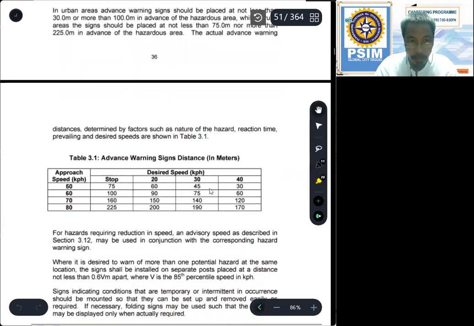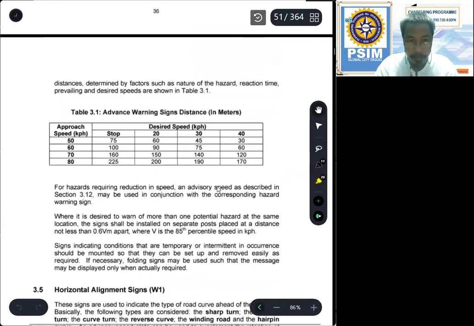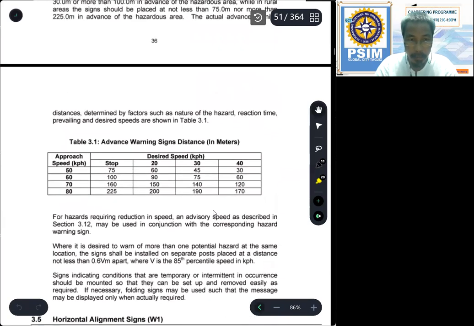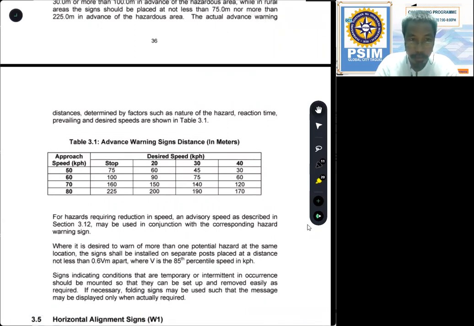So we have a table here that gives us the idea of the relationship of approach speed and desired speed. So desired speed: stop, 20, 30, 40 kph.